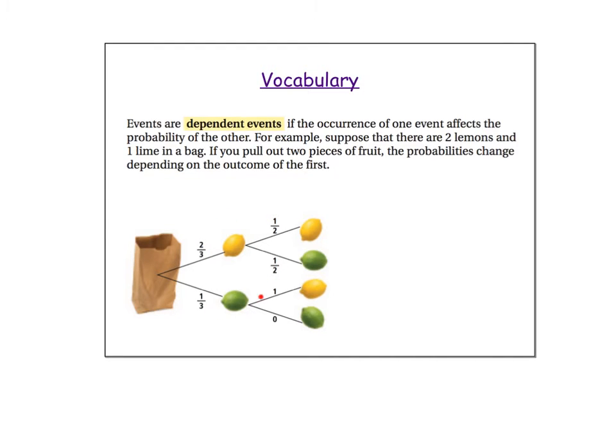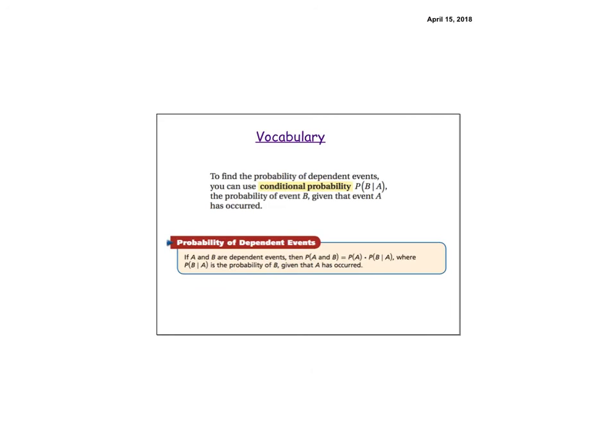So the probability of the first pick definitely influenced the probability of the second pick. And these are called dependent events. So you can find the probability of dependent events. You can use the conditional probability of event B given that event A has occurred.